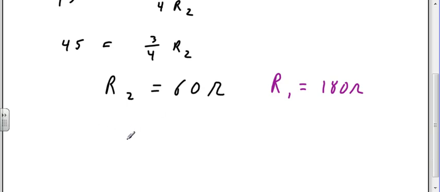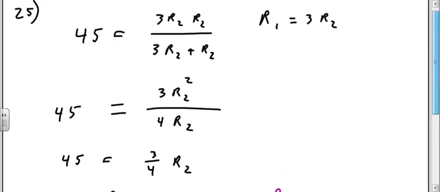Okay, so we did a check and we found that our total was 45 and everything is okay. All right, so we can do the problem correctly.